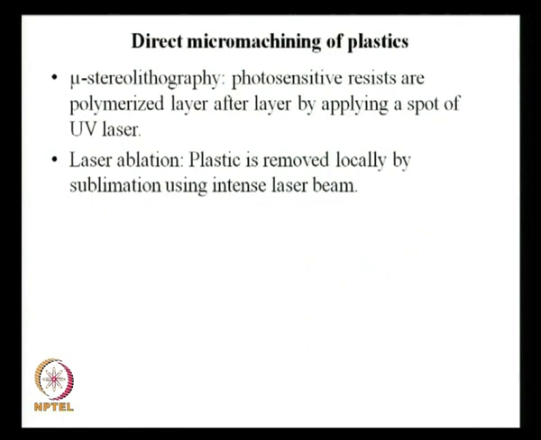What you do here is you are using a photosensitive resist that is polymerized layer after layer by applying a spot of UV laser. You build the structure from bottom to top.